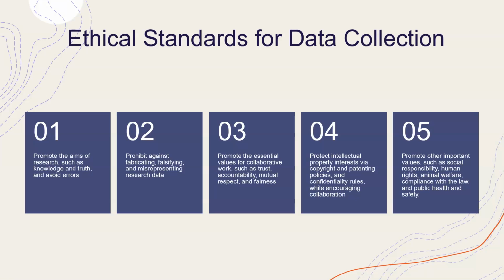There are several reasons why it is important to adhere to ethical standards in conducting research and data collection. First, ethical standards promote the aims of research, such as knowledge, truth, and avoidance of error. The standards prohibit fabricating, falsifying and misrepresenting research data to promote the truth and avoid error.